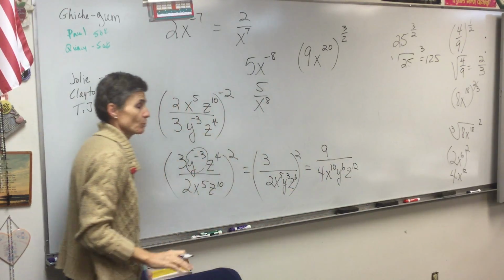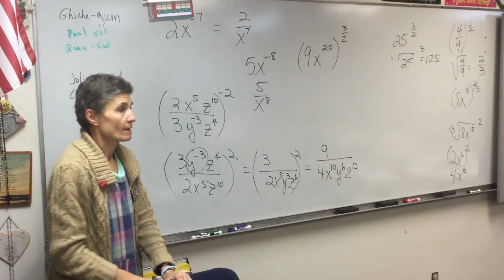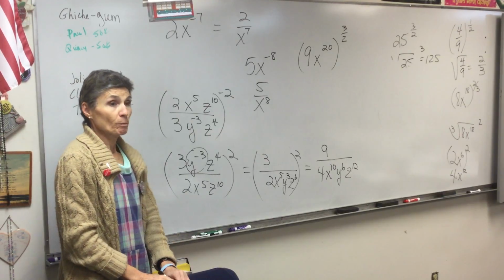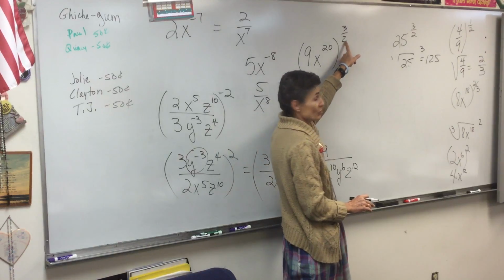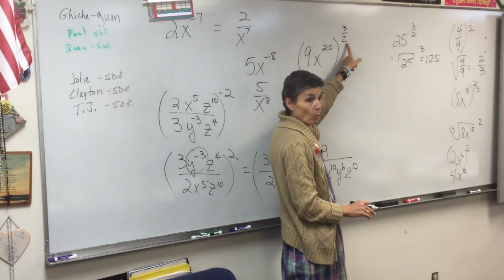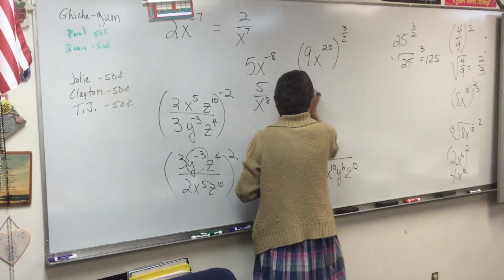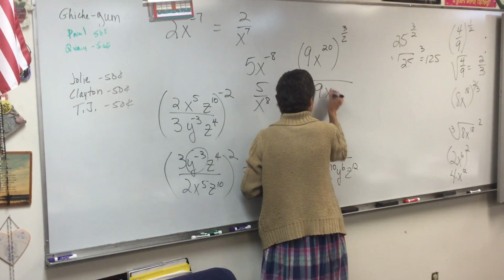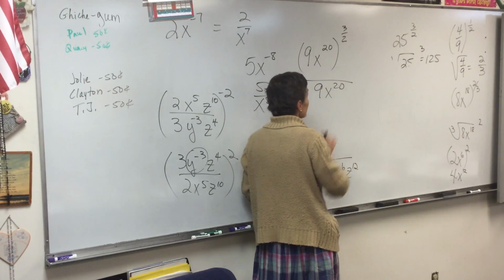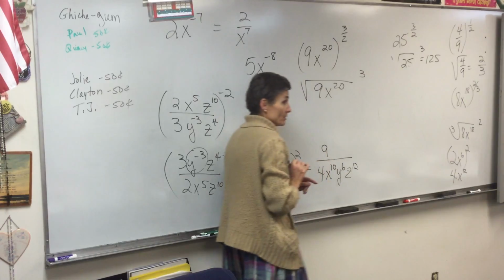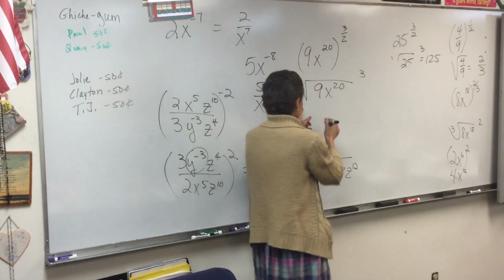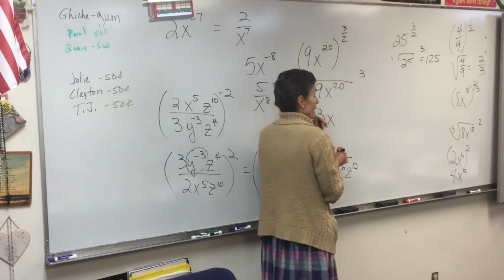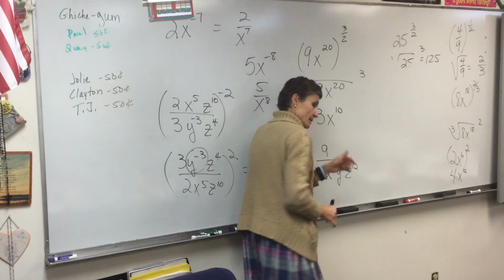Okay, let's try this one. Now, those parentheses mean that we're going to take the square root of the whole thing. So we're going to have the square root of 9x to the 20th, and then we'll cube it when we're done doing that. So the square root of 9, 3, x to the 10th.